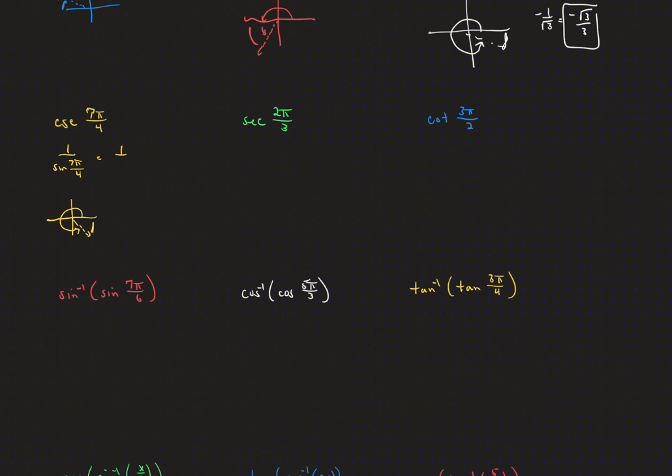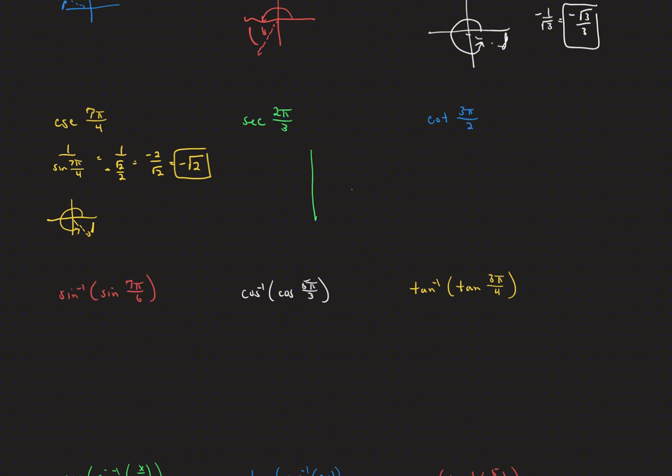So sine of pi over 4 is square root of 2 over 2. In quadrant 4, sine is negative. So we're going to multiply by the reciprocal. That's going to be negative 2 over the square root of 2. And that is going to become just the negative square root of 2.